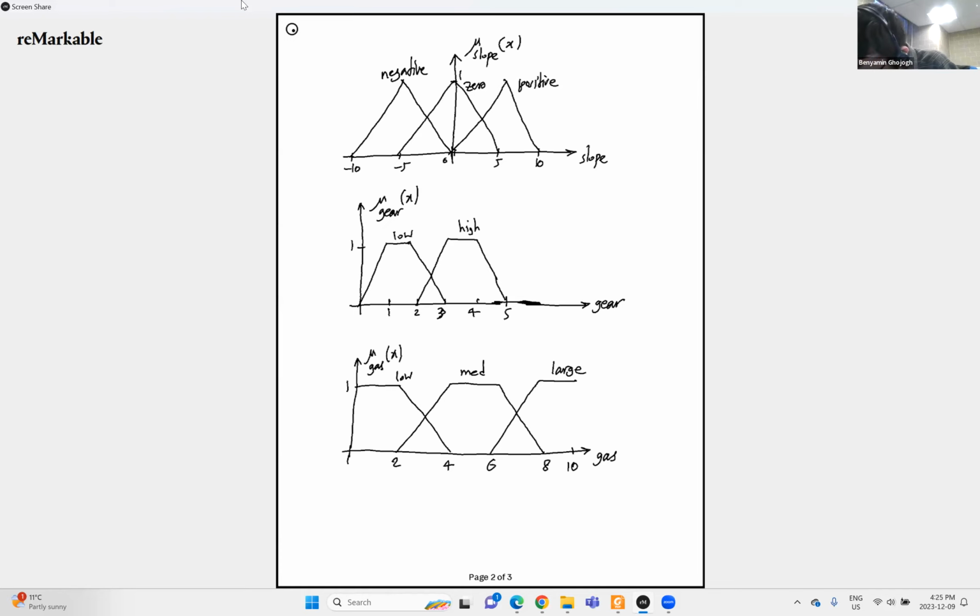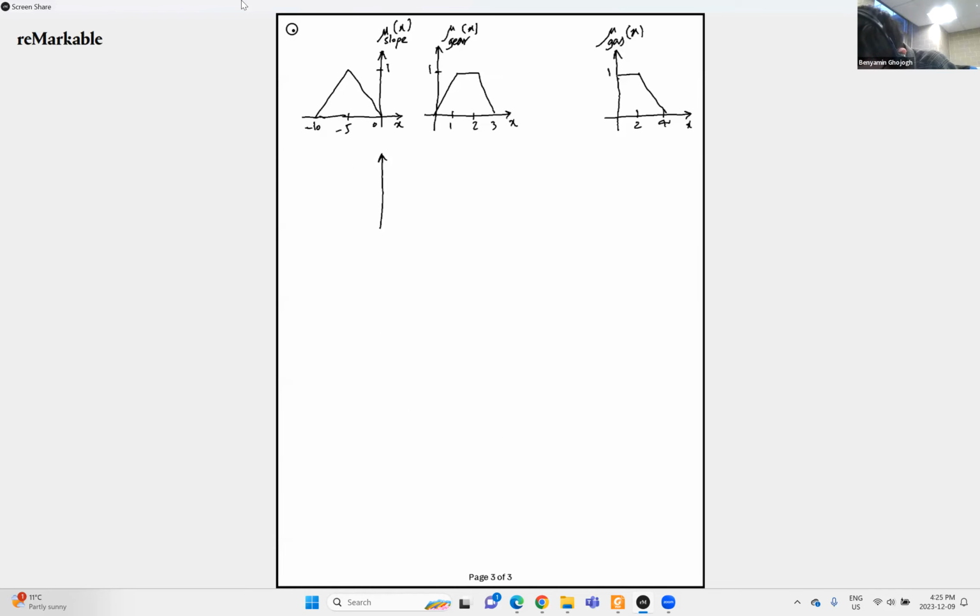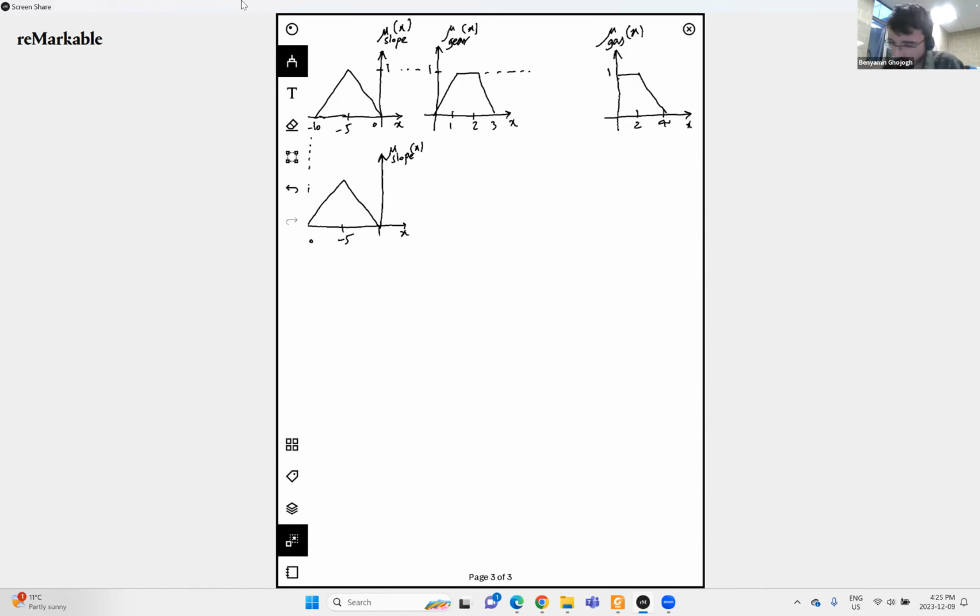So for the second rule, this part is the same. As you see, I'm trying to align everything. So here aligns here. Also, these parts align with each other. So try to align everything in your drawing.